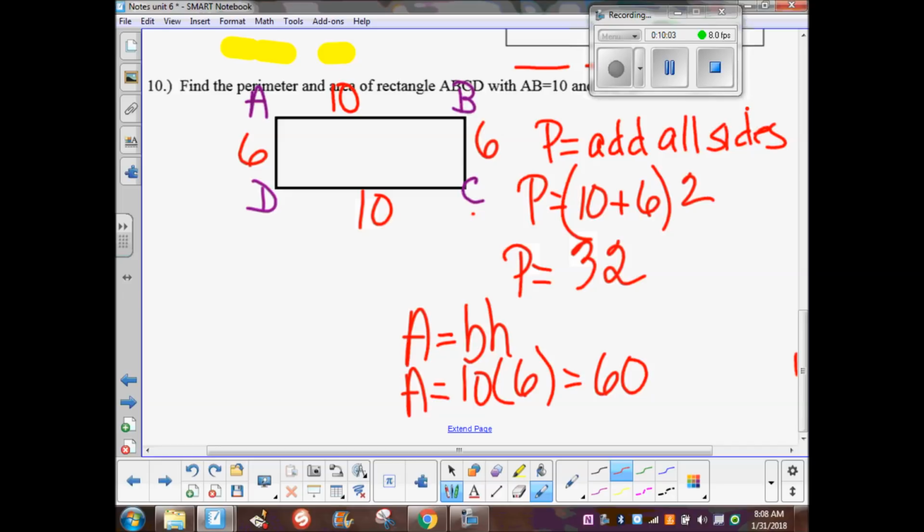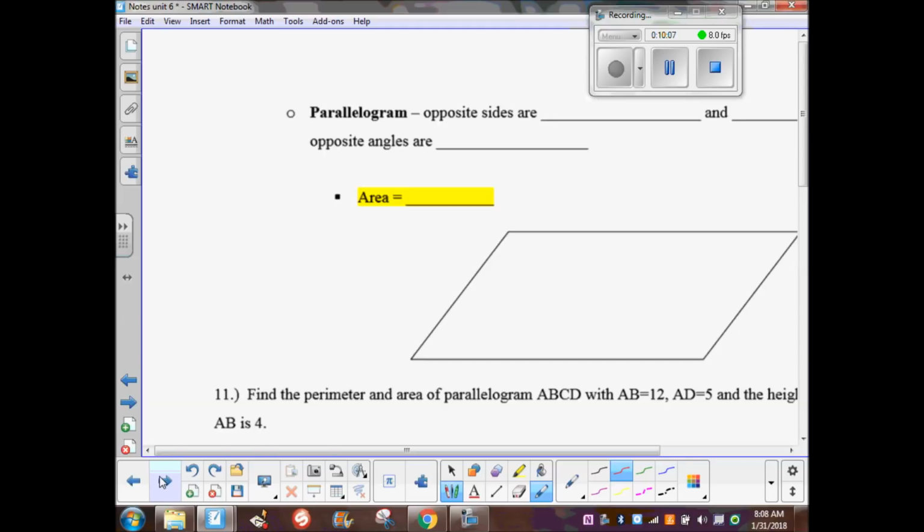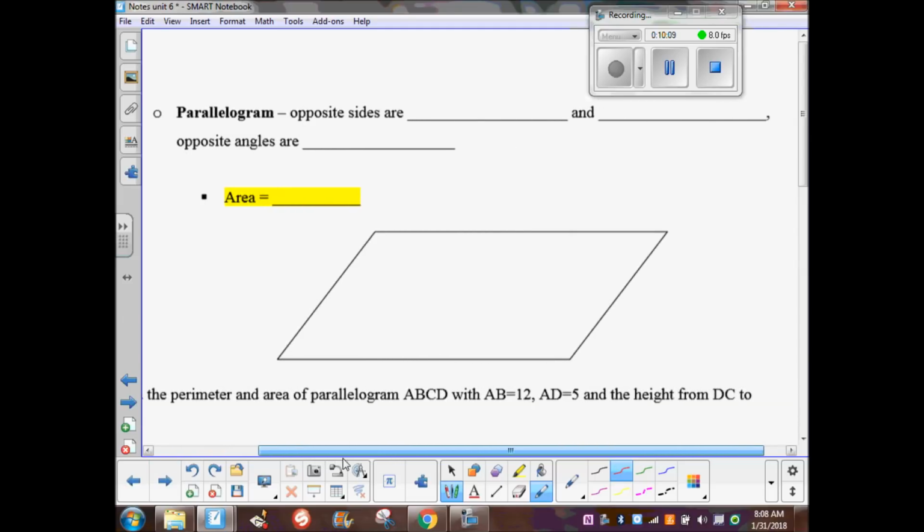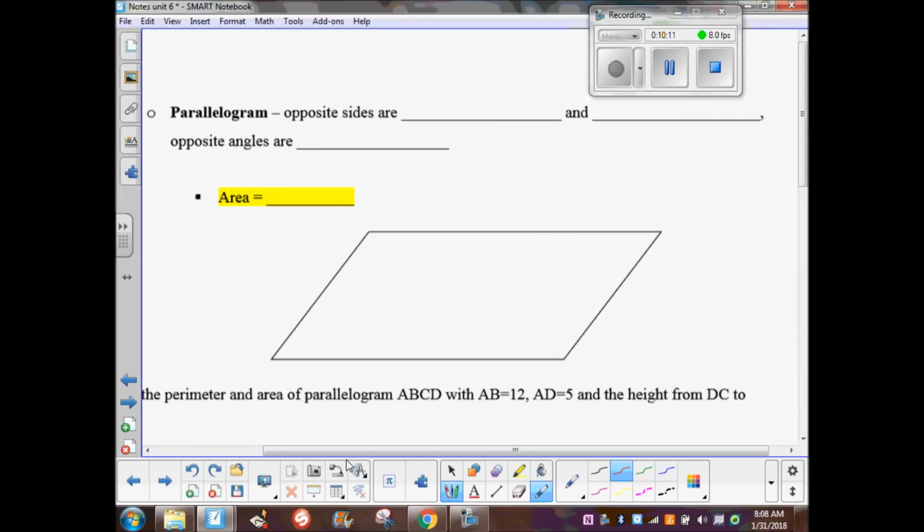Okay. Parallelogram, similar to the rectangle. Opposite sides are congruent, and they are parallel.